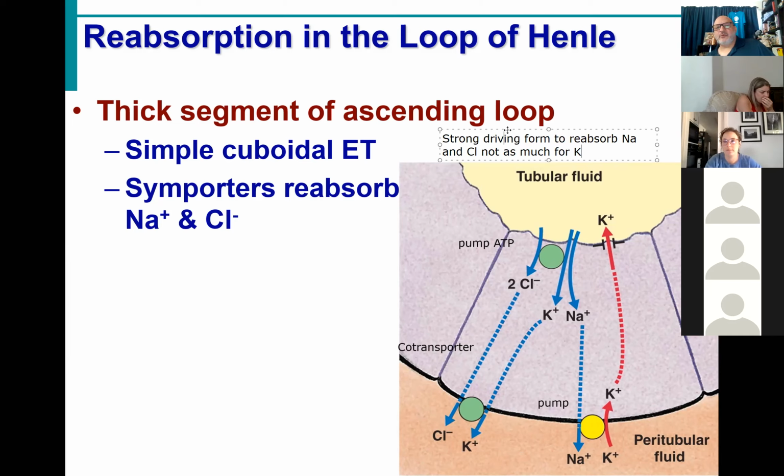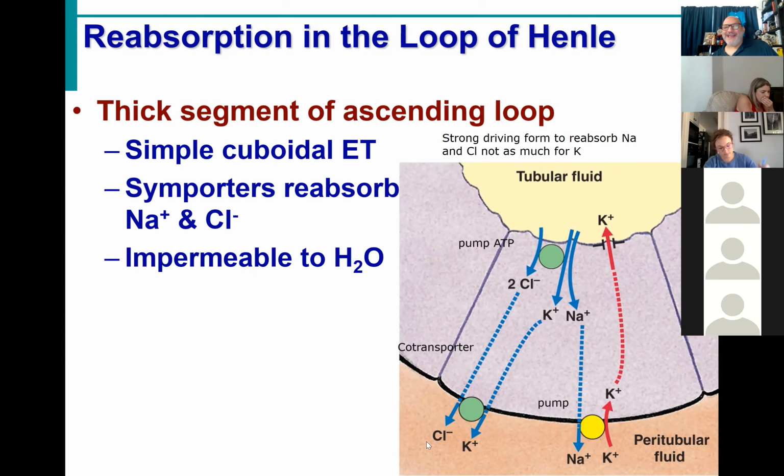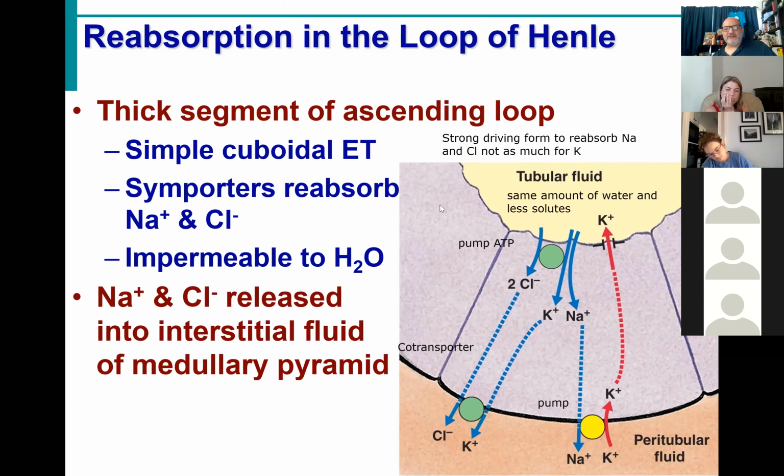There's a small driving force for it in, but not nearly as strong as for the sodium and the chloride. Now, as we talked about, water cannot follow in this case. So we're able to get all these solutes out of the tubule, leaving the same amount of water and fewer solutes. As a result, our filtrate gets more dilute, but our medullary pyramid gets more concentrated.